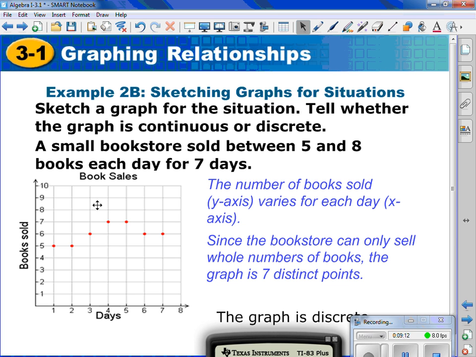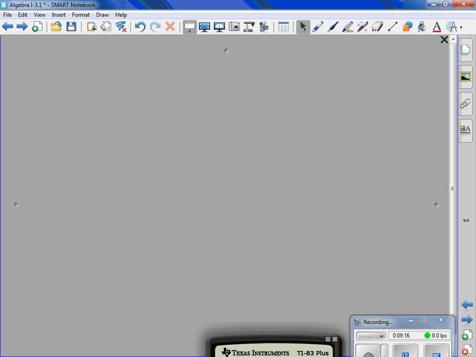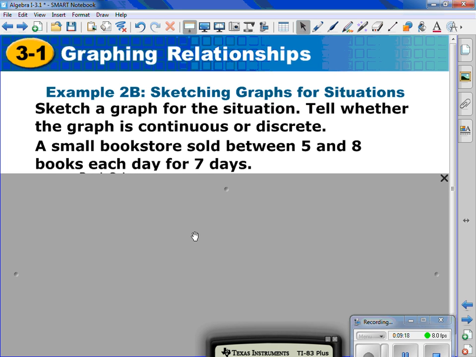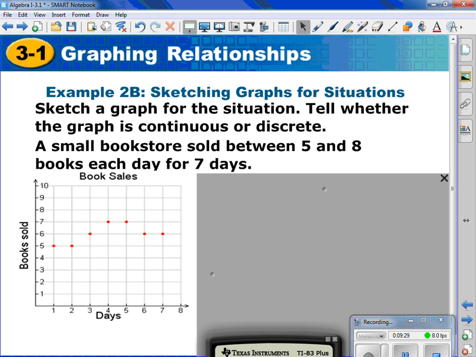For this situation, it's books. I have a book. Books are sold, between 5 and 8 books each day for 7 days. When you graph it, it looks like this. It varies.